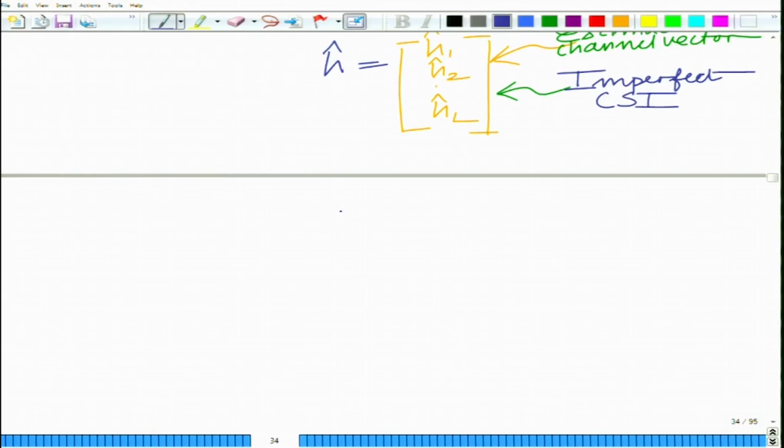Okay. So, H hat we know is approximately equal to H bar, but H hat is not exactly equal to H bar, and this is an important consideration in practice, because in practice perfect channel state information is very difficult to obtain.